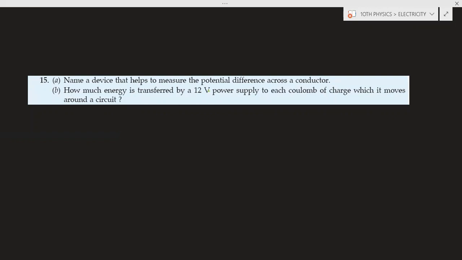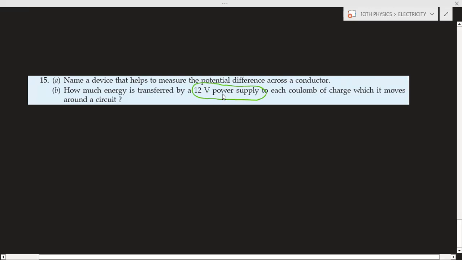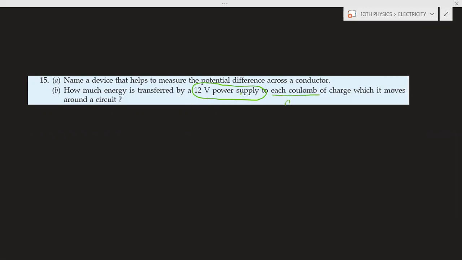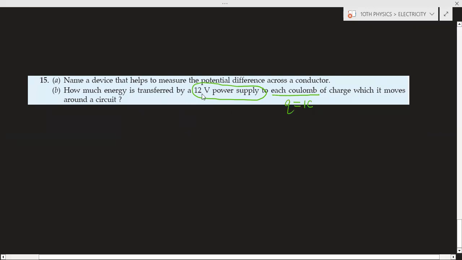A 12 volt power supply means the potential difference of that power supplying source is 12 volt, and each coulomb means, I told you, you will take a charge of 1 coulomb. Then you will calculate the work here, and that work will be equal to the energy transferred by the battery to the charge.